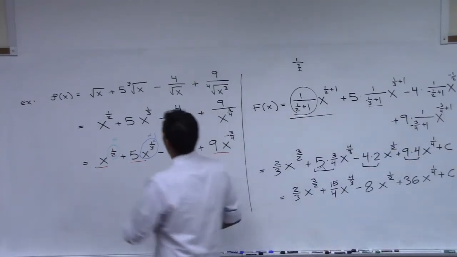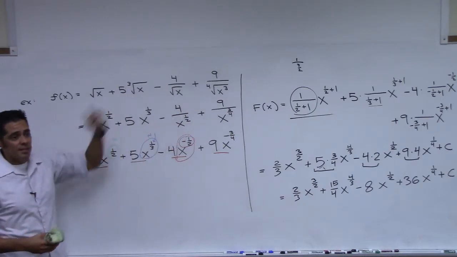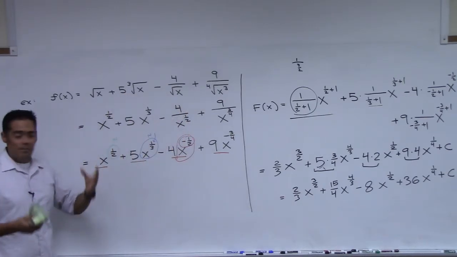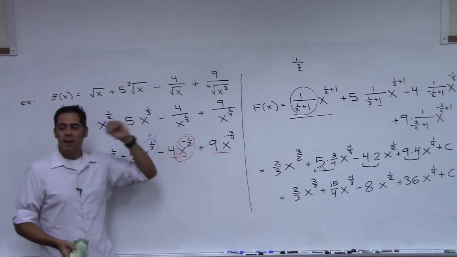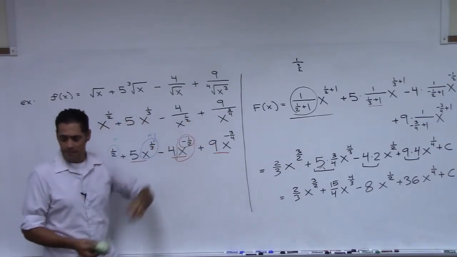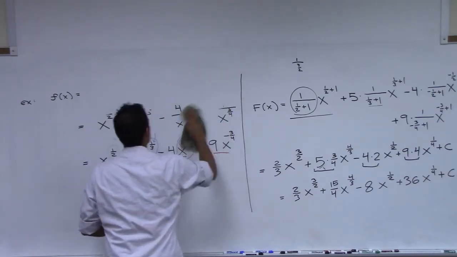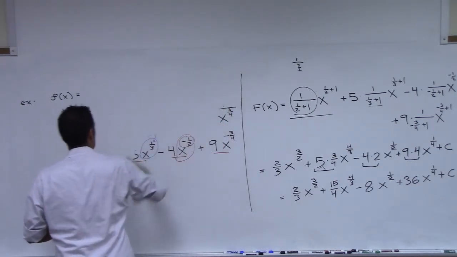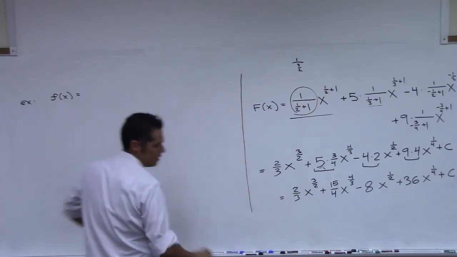So if we have a bunch of terms, right, separated terms with powers of x in them, we should just be able to manipulate the expressions to the point where they're all x's to powers and then just crank out the rule, right? So let's do another example. I'm just going to tweak it a little bit. And let's see if we can still do that same thing on this one.